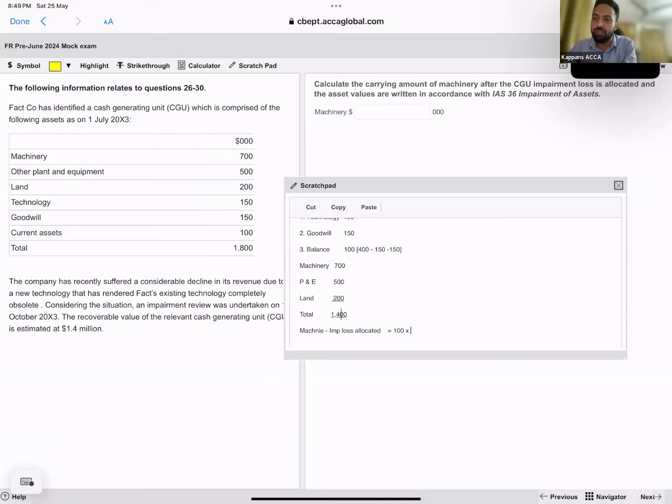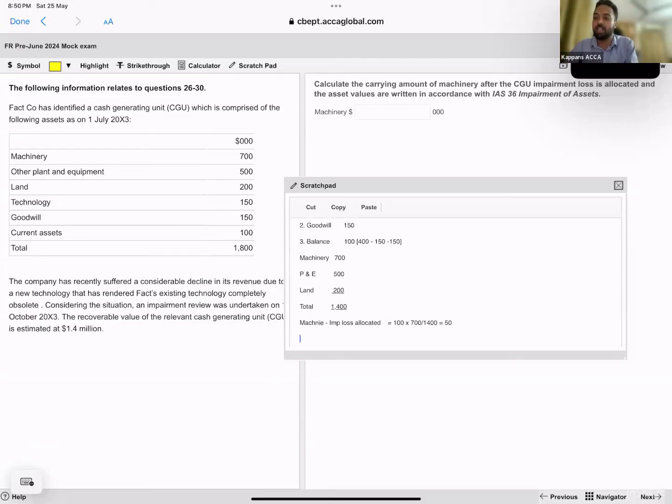Out of 1,400, 700 belongs to machine. So 100 into 700 by 1,400, that is 50. So the carrying amount of machine after impairment loss will be carrying amount of machine before impairment loss 700 minus impairment loss of 50 allocated, that will be 650.